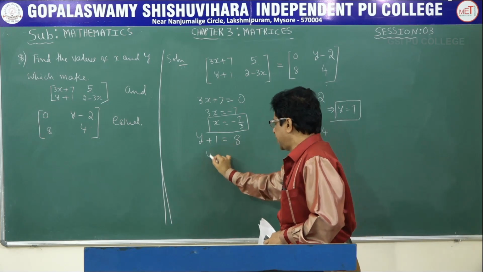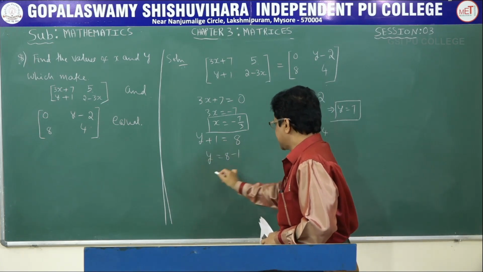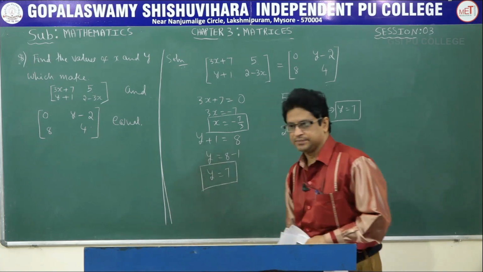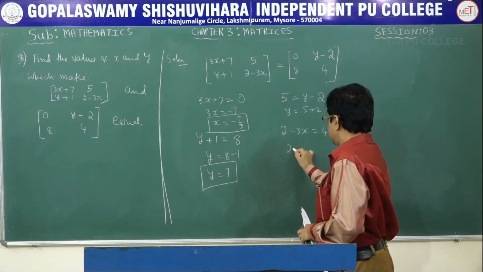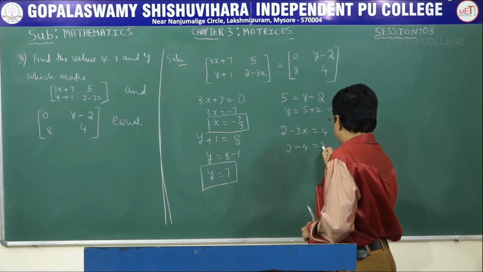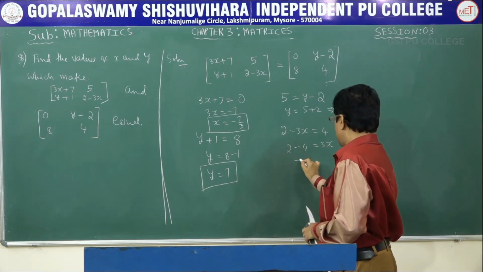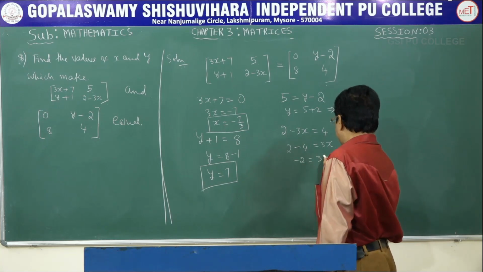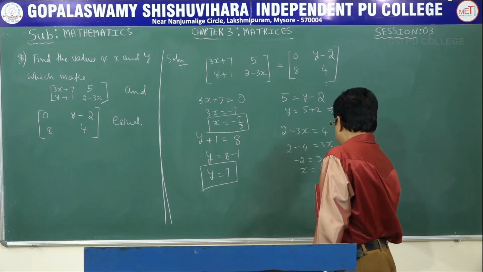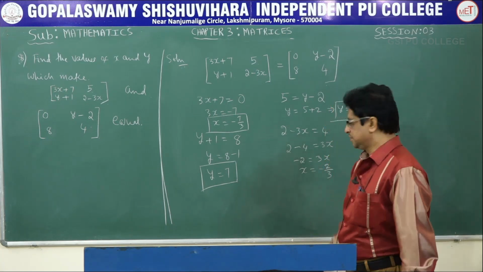And here y equals 8 minus 1, that is y equals 7. Here 2 minus 4 is equal to 3x. So minus 2 will be equal to 3x and x will be equal to minus 2 by 3.